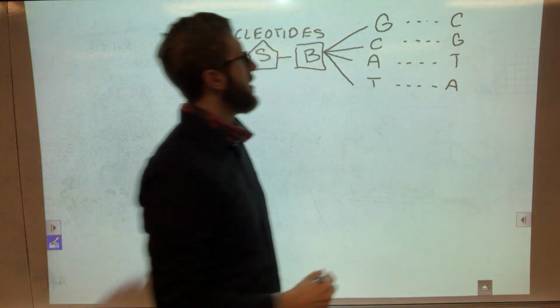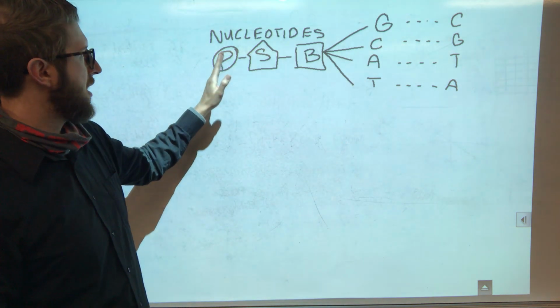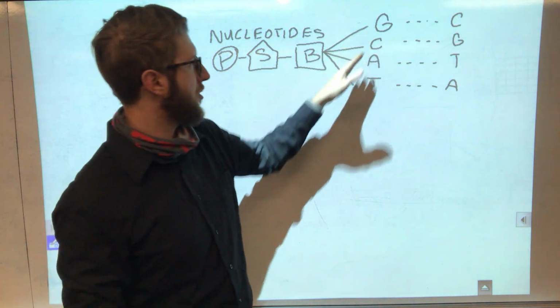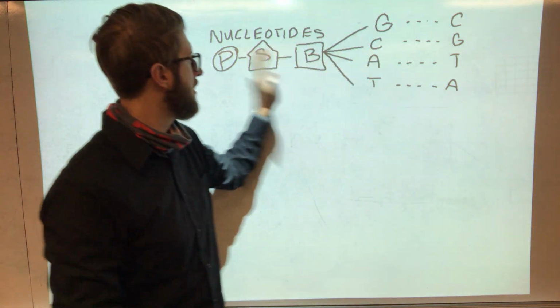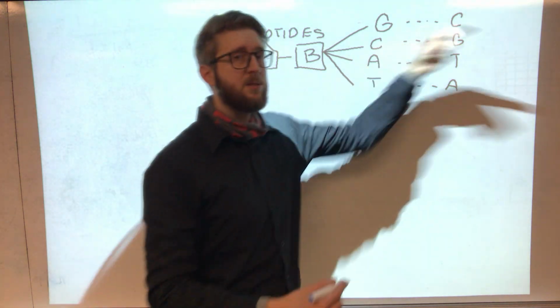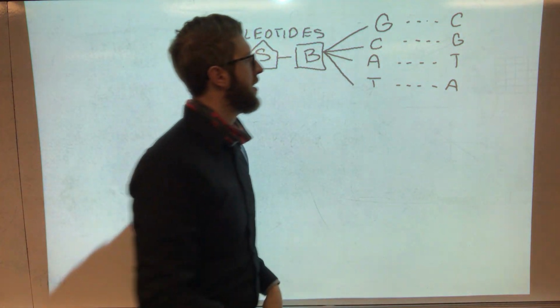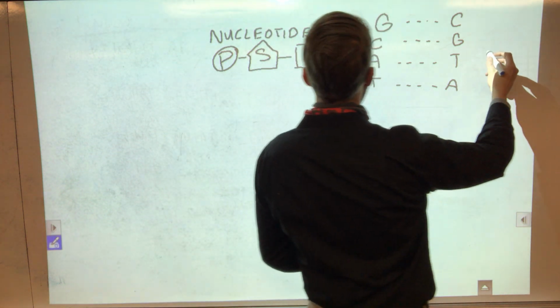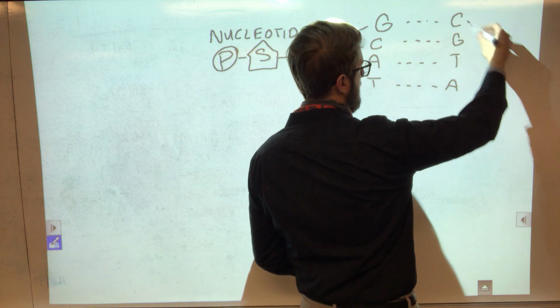Okay, so this is one strand of DNA. It's got a phosphate, sugar, and one of these 4 bases. It'll be like phosphate sugar G, phosphate sugar C, phosphate sugar A, or phosphate sugar T. And then across from that on the other side is the same thing, only it'll be in reverse order, right?